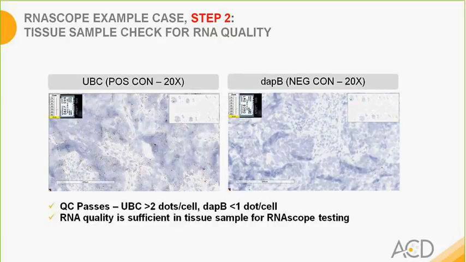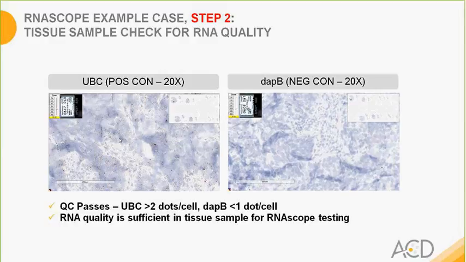In step 2 of this example case, the tissue sample is checked for RNA quality with the application, again, of the same positive and negative controls. Whereas in the first step, HeLa cell lines were tested with the positive and negative controls to make sure that the lab had the technique worked out, in the second step, the actual tissue of interest is qualified, or attempted to be qualified, through the application of the same probes.